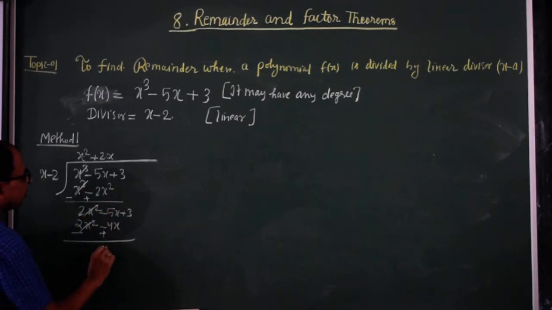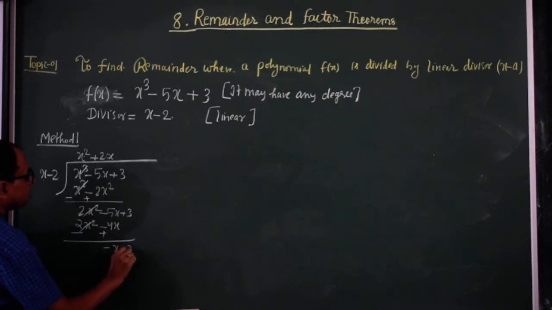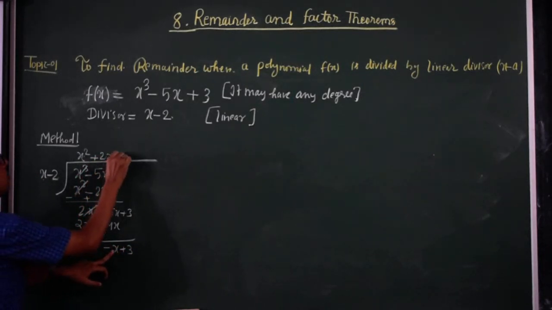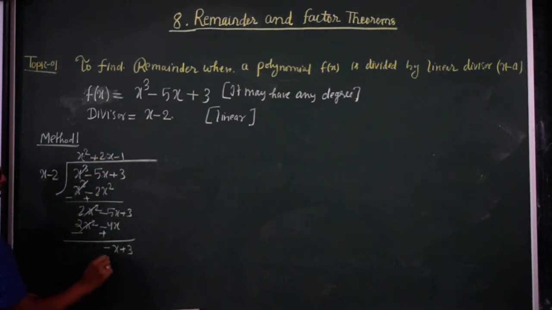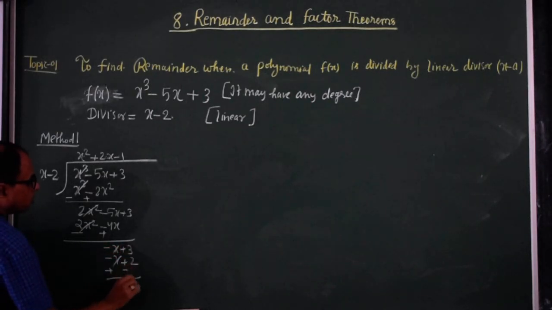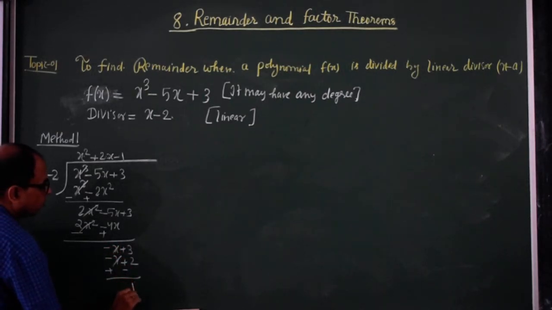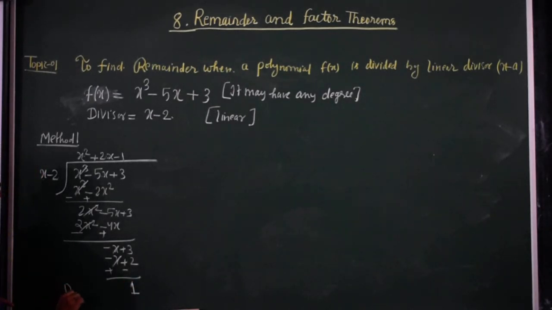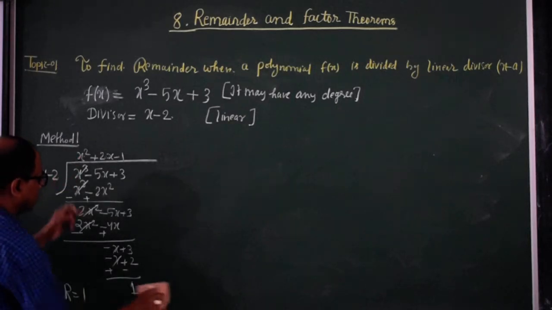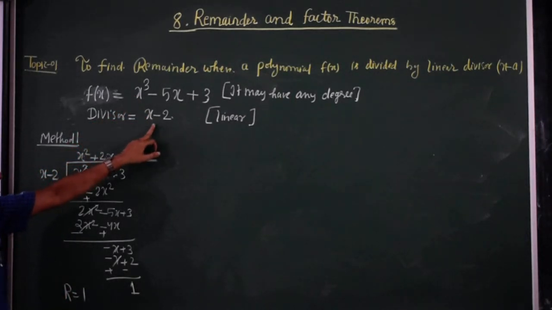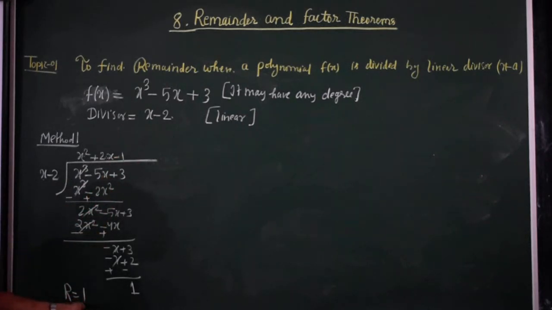Here we get minus x plus 3. Now to cancel this, write minus 1: minus x and plus 2. So plus minus, this will be cancelled. So the remainder is 1, and this is called the quotient. So when this polynomial is divided by x minus 2, the remainder will be 1.